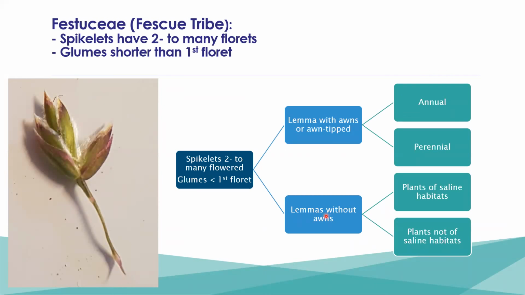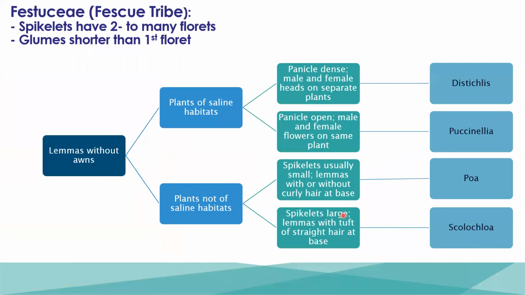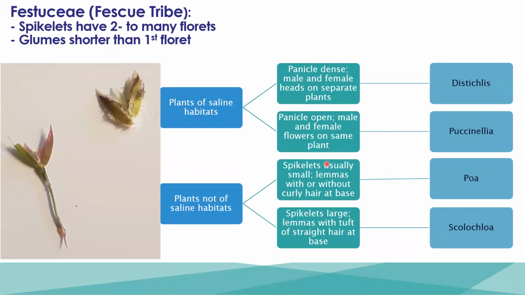Our next set of questions: do we have lemmas with awns or without? No awns to be seen, so we're going with lemmas without awns. All right, so is this plant of saline habitat or not? If you're not sure if you have a saline habitat, you can always take a look at the next set of questions.